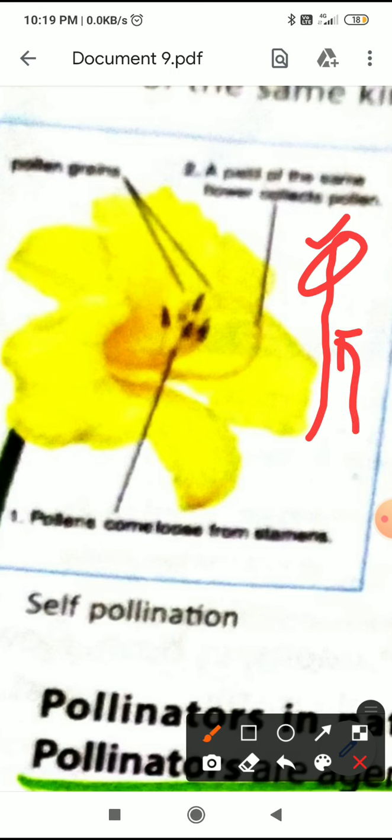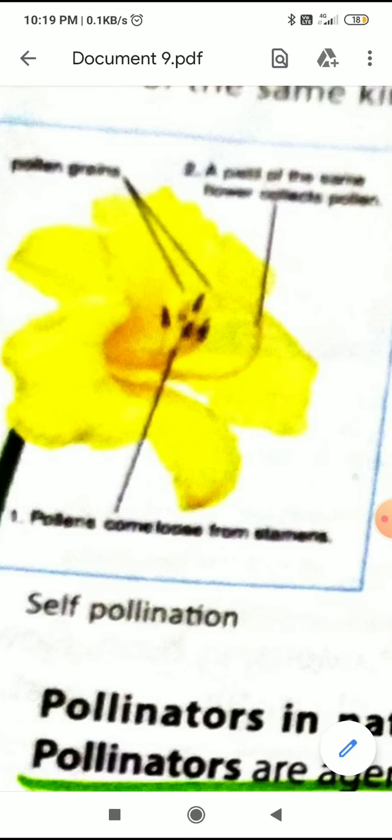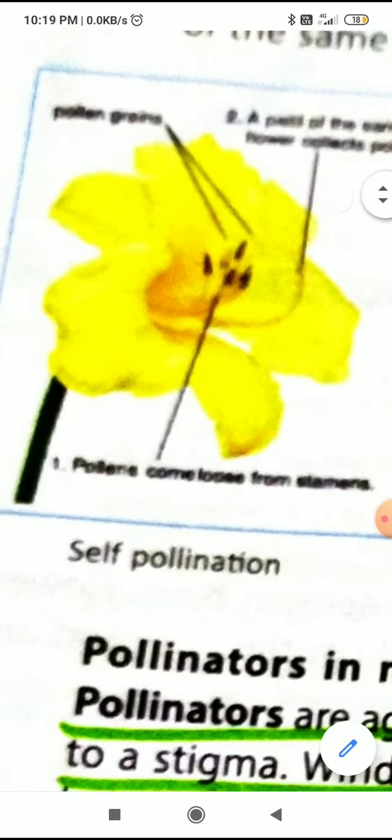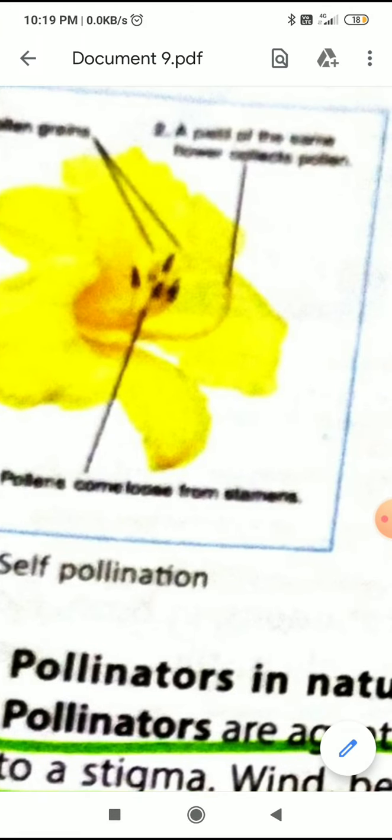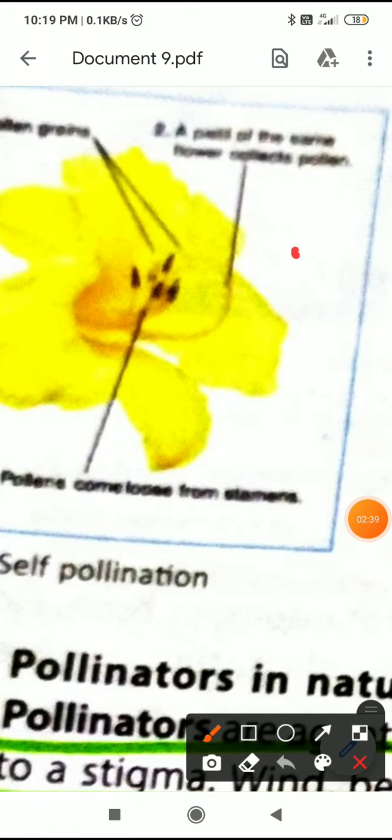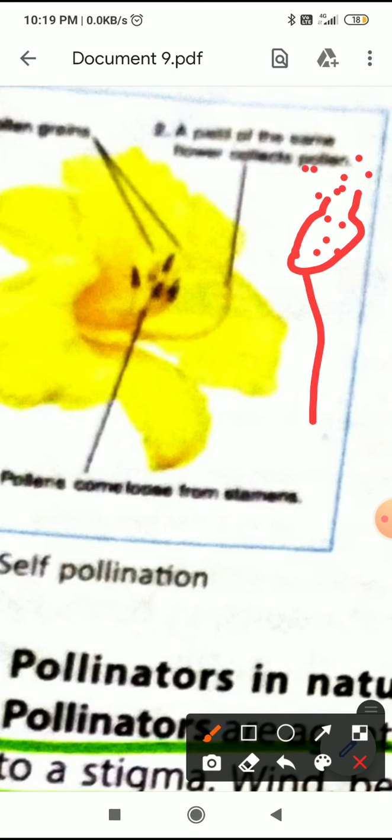The anther has some granules, that is pollen grains. So what happens if the anther bursts? The pollen grains will come out, and this is the filament.